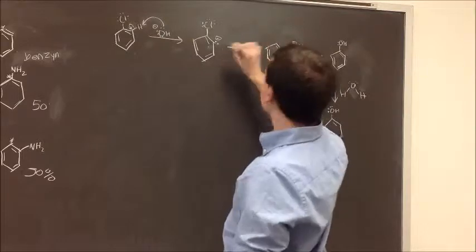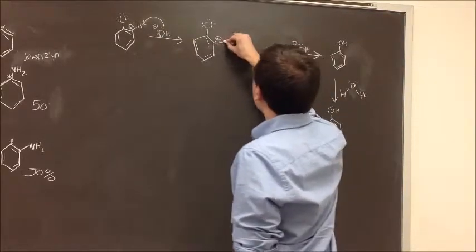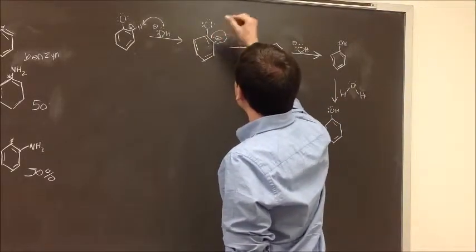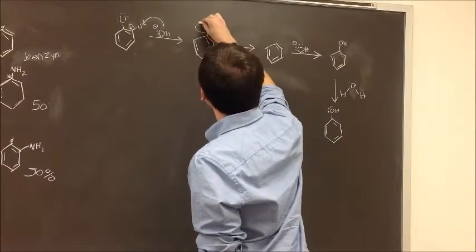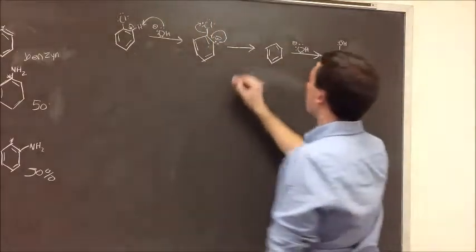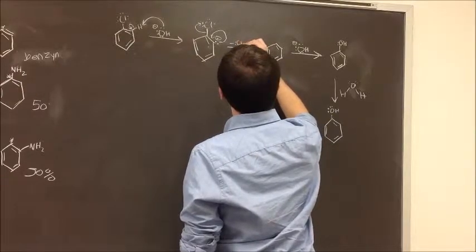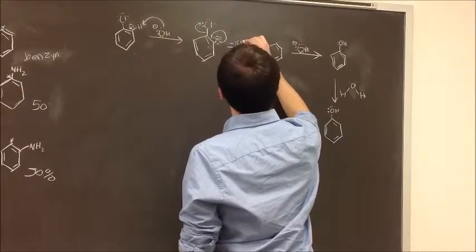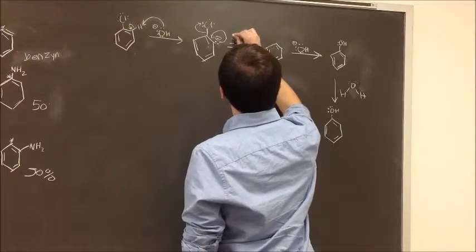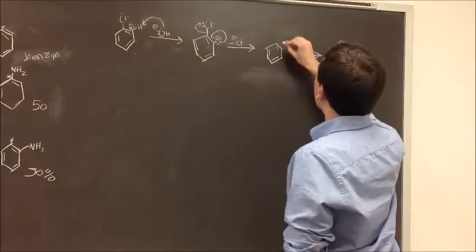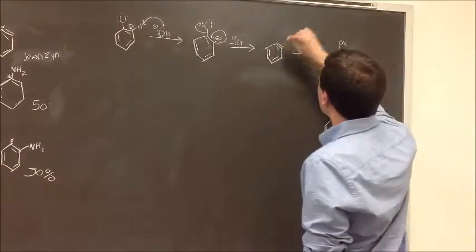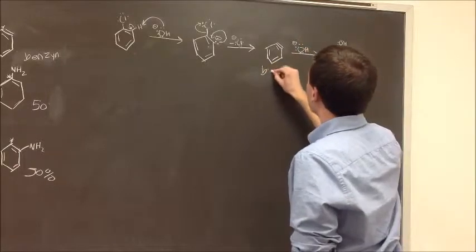And then in the next step, these electrons move up to make a triple bond, and in the process, this chlorine leaves. What's formed is the benzyne intermediate.